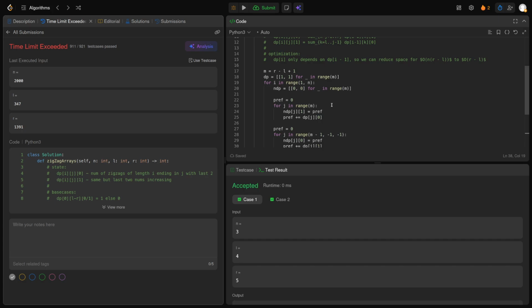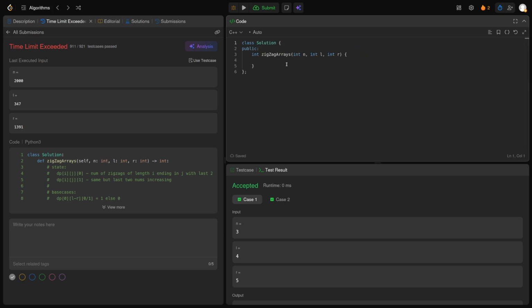That's weird, we get TLE with this time complexity. Maybe I can't do 2 passes. But here is the thing, I mean, I can try C++, but probably won't pass.